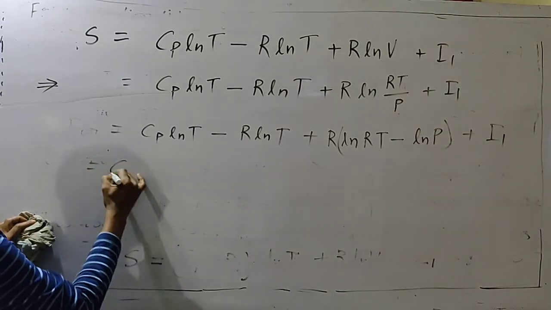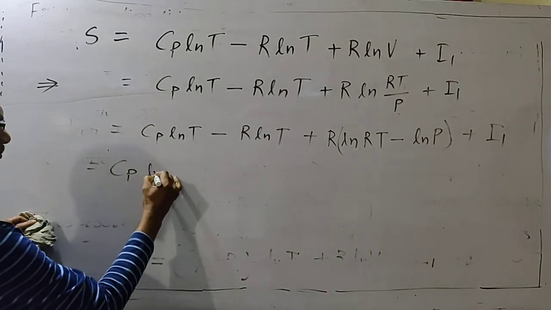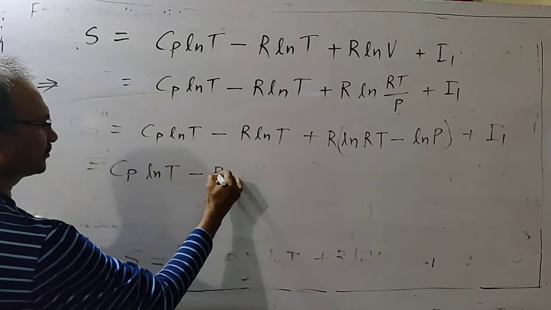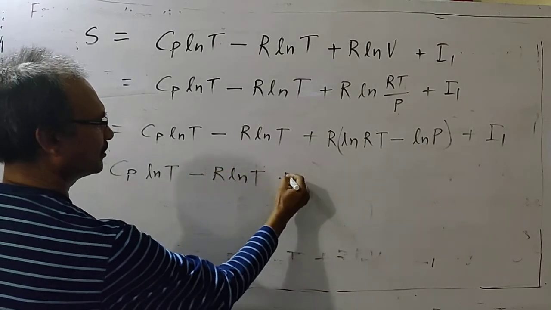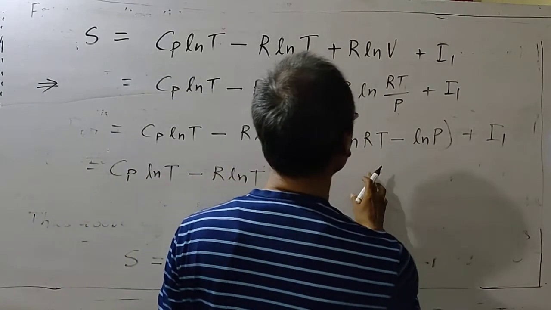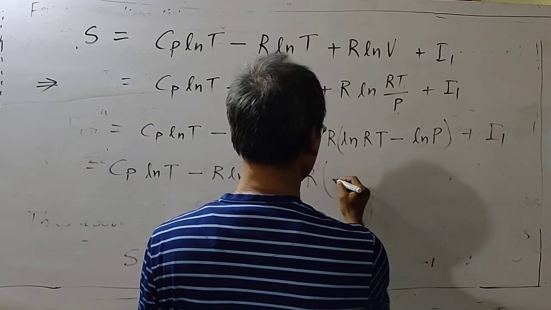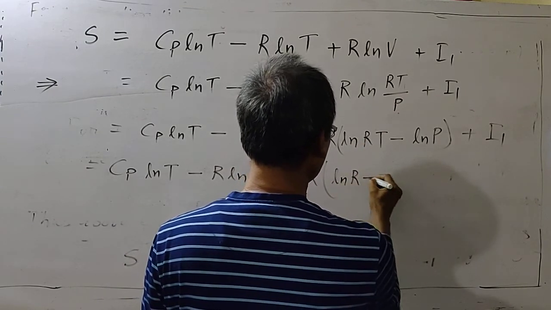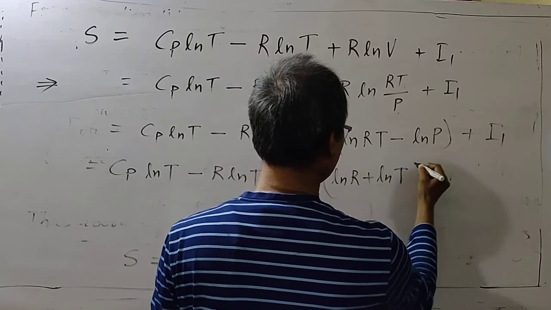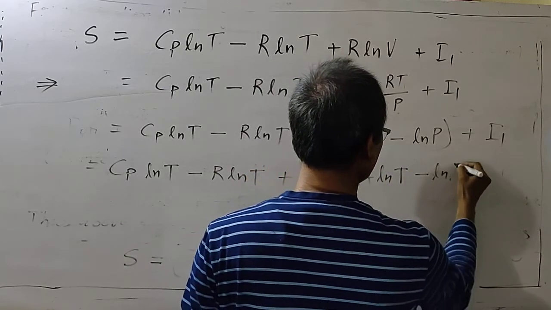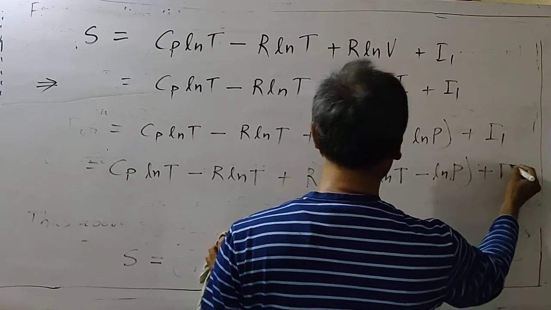This is equal to Cp ln T minus R ln T plus R, and this is ln R plus ln T minus ln P, plus I1.